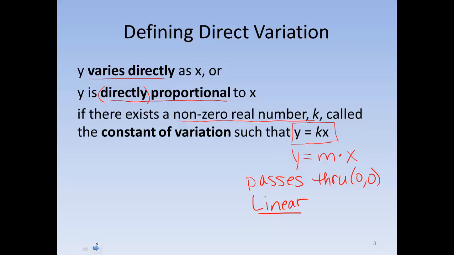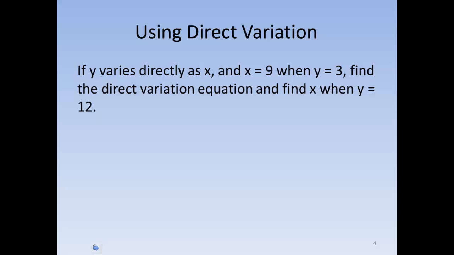Okay. So here's another example of using direct variation. They talk about if y varies directly as x, so here's your clue that you're going to be using the linear y equals k times x, and they give you 1 point. x equals 9 when y equals 3.